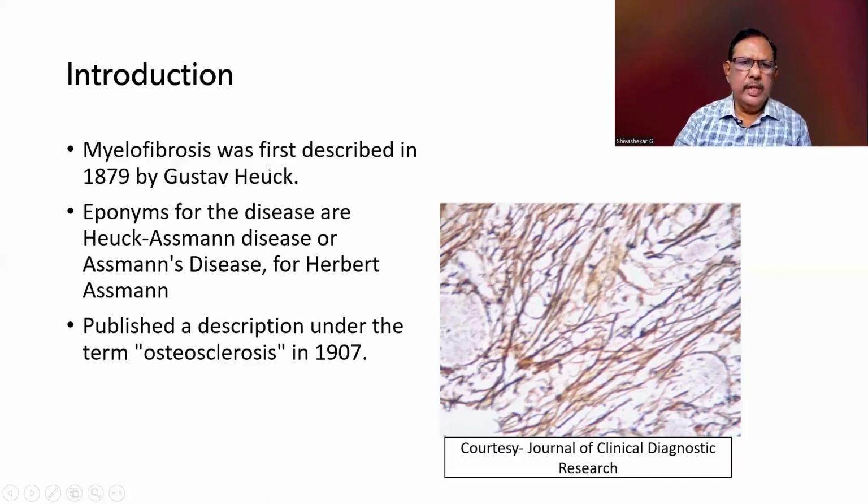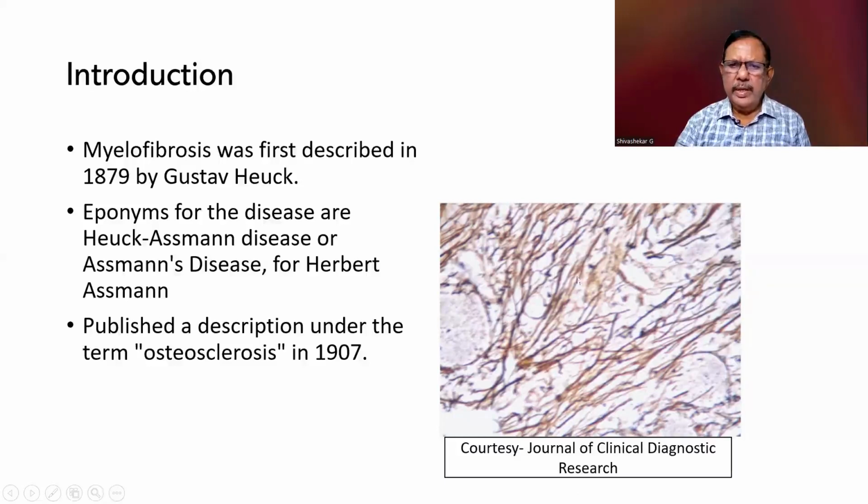As a result, both these names are joined together, Heuck-Assmann disease, or it is purely called Assmann's disease. Initially, they thought it is more of an osteosclerosis, and it was published thus in the year 1907, courtesy Journal of Clinical Diagnostic Research.